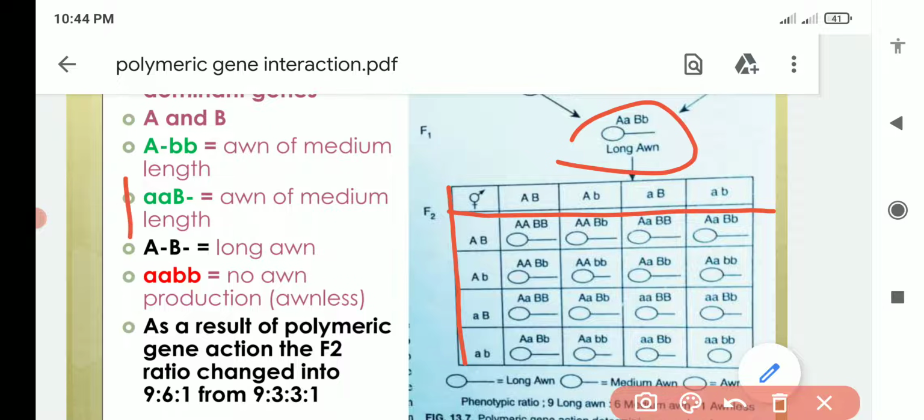So we will see the gamete formation, capital A small a, capital B small b, and here we will take all the possibilities of each allele of the first gene with each allele of the second gene.